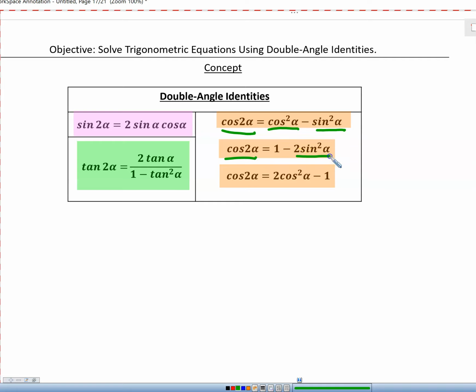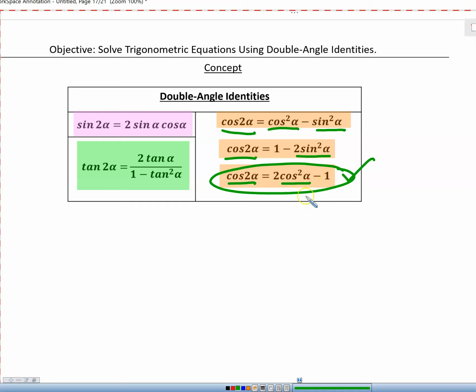This one involves a sine squared, and I don't have any sines in the rest of my problem, so I don't want to use that one. This one involves a cosine squared, and I have a cosine. So using this identity, I could turn my equation into terms that have only cosines and numbers. And so I would try this one.